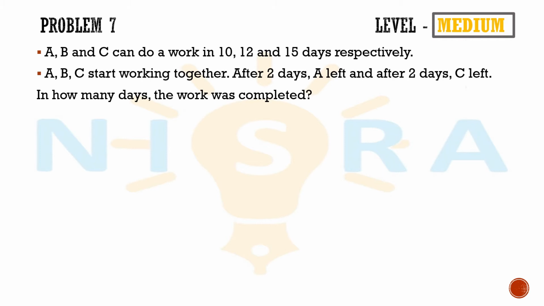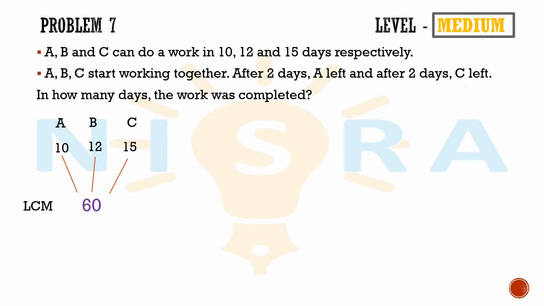So, to solve this problem, we have to find out how much work A, B, and C can do in one day. From the problem statement, we know A can do the work in 10 days, B in 12 days, and C in 15 days. If we calculate the LCM of them, you will get 60.